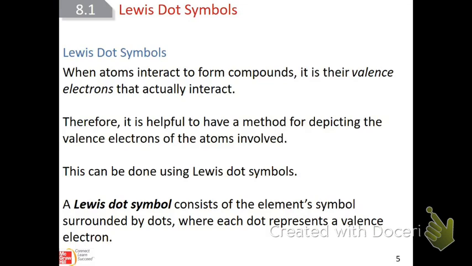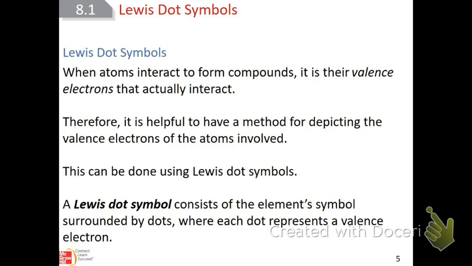So if we could figure out a way to show those electrons and how they interact, we wouldn't have to go about drawing pictures. We could come up with a more simplistic way, and so Lewis came up with what he called his Lewis dot symbol. And you've already seen this if you've done your lab already.